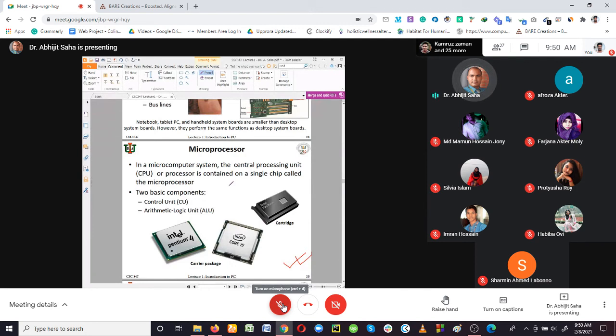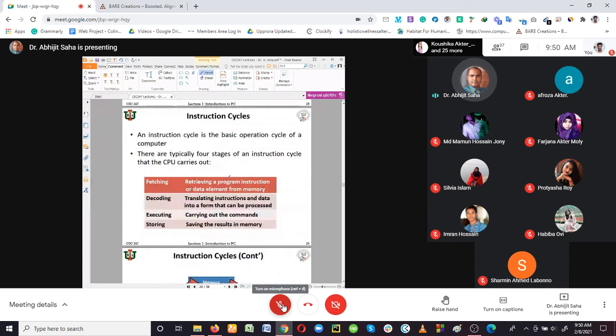Okay, so we are going to start from slide number 26 today. Here we are talking about the instruction cycle between the memory and processor. The instruction cycle is a very important part of the computer system. We should understand this topic very carefully.